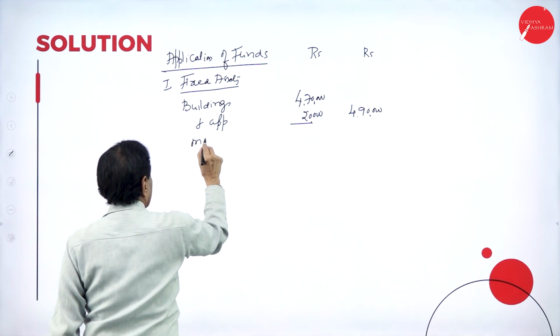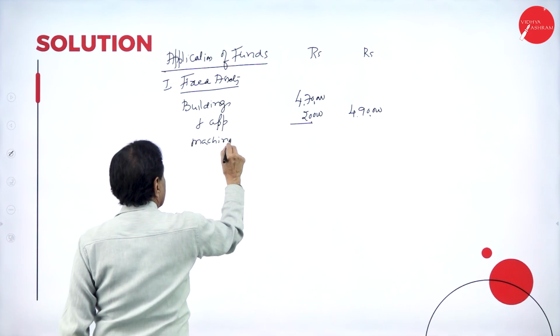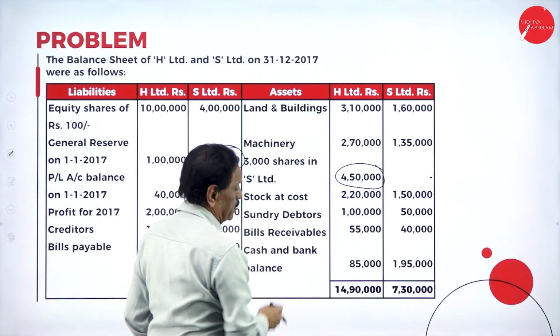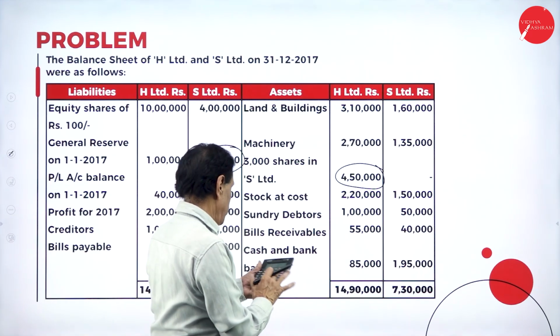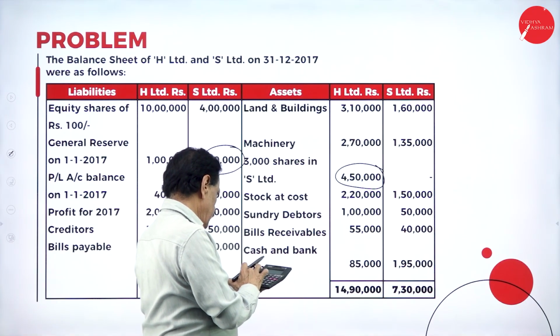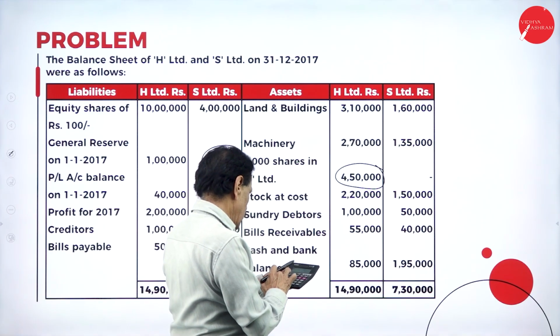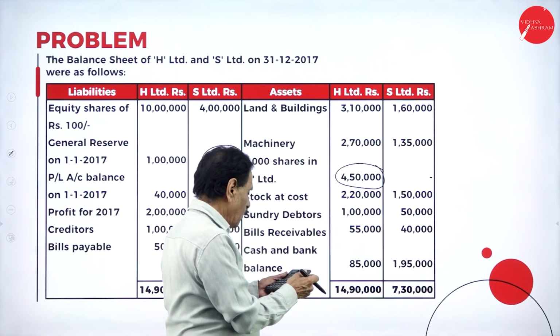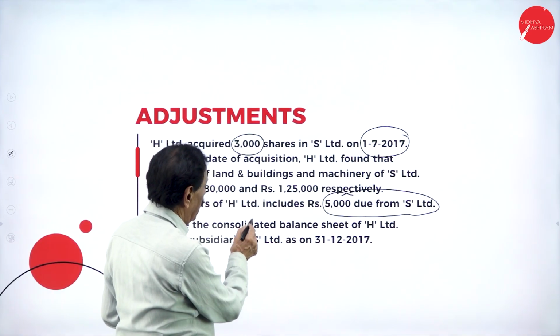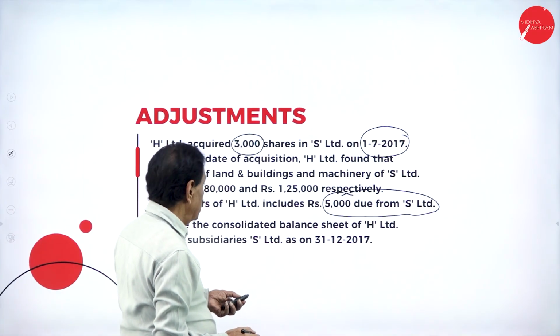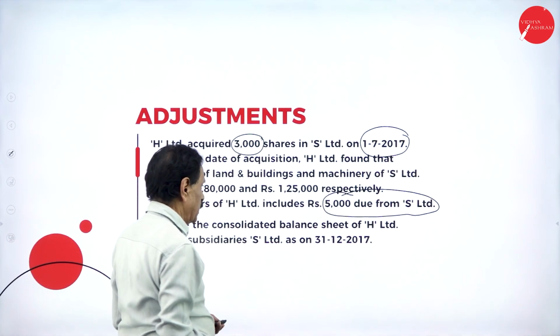Machinery 2,70,000. 270 plus 1,35,000. 4,05,000. 1,25,000. How much is this? 1,35,000 minus 10,000.